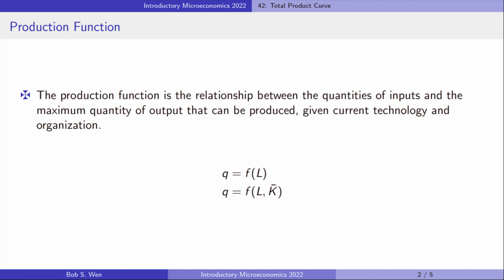The short run production function is also referred to as the total product of labor, the amount of output or total product that a given amount of labor can produce while holding the quantity of other inputs fixed. Let's draw the total product curve.